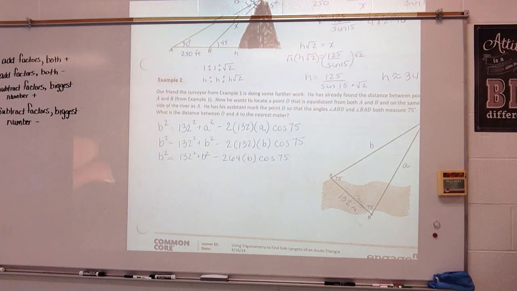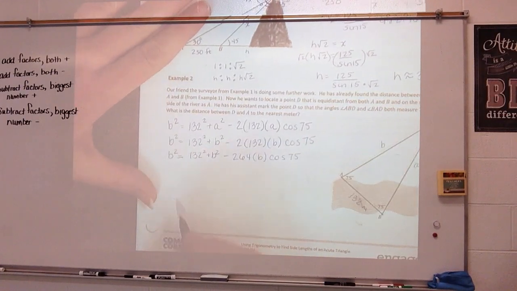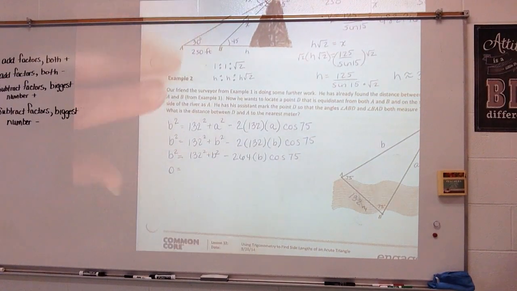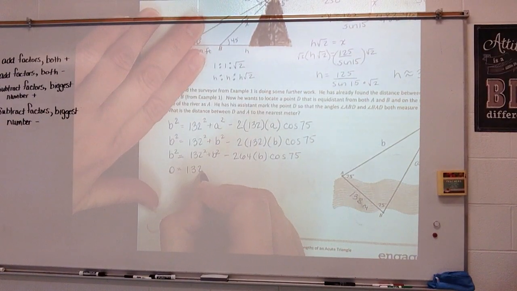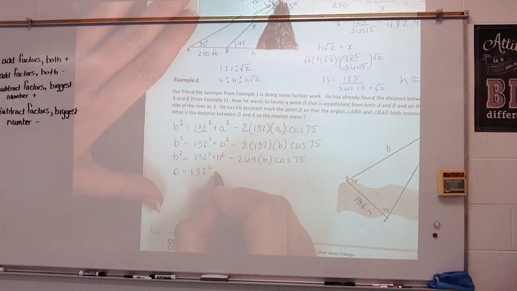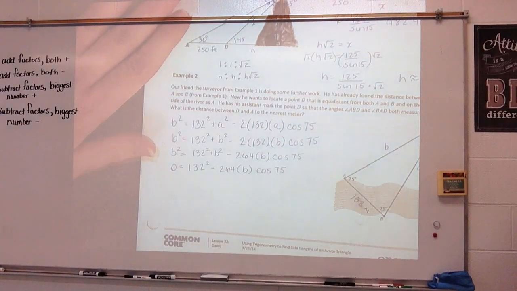Now, if I subtract B squared from both sides, I get 0 is equal to 132 squared minus 264 B cosine of 75.